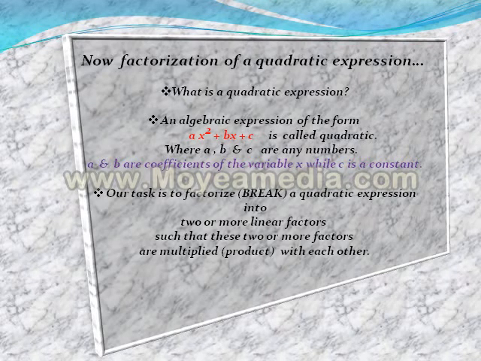Okay, so now our task is how to factorize or break the quadratic expression into 2 or more linear factors, such that the sign between these 2 or more factors is multiplication. So in factorization of a quadratic expression, we are going to break that algebraic expression, this red one, ax squared plus bx plus c, into two linear factors, and the sign between these linear factors must be multiplication.